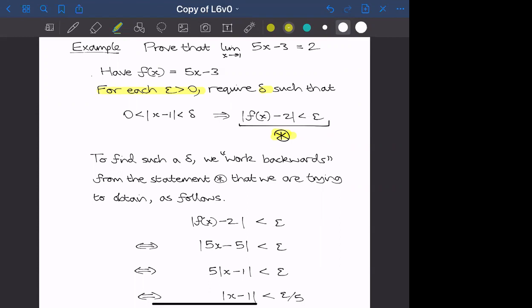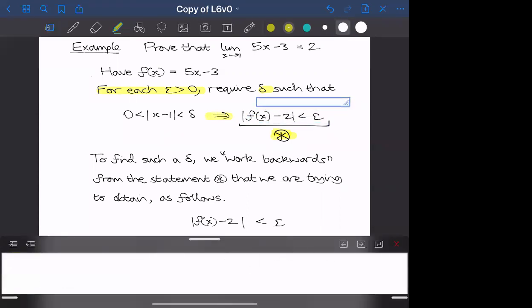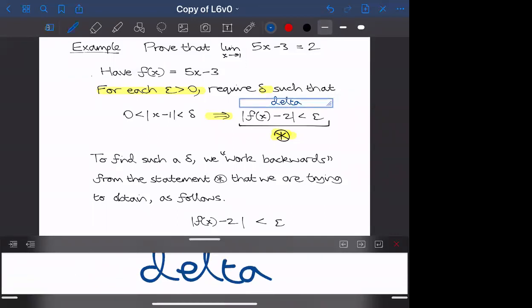And that will let us choose a delta such that this implication is true. Got to say, this is the Greek letter delta.